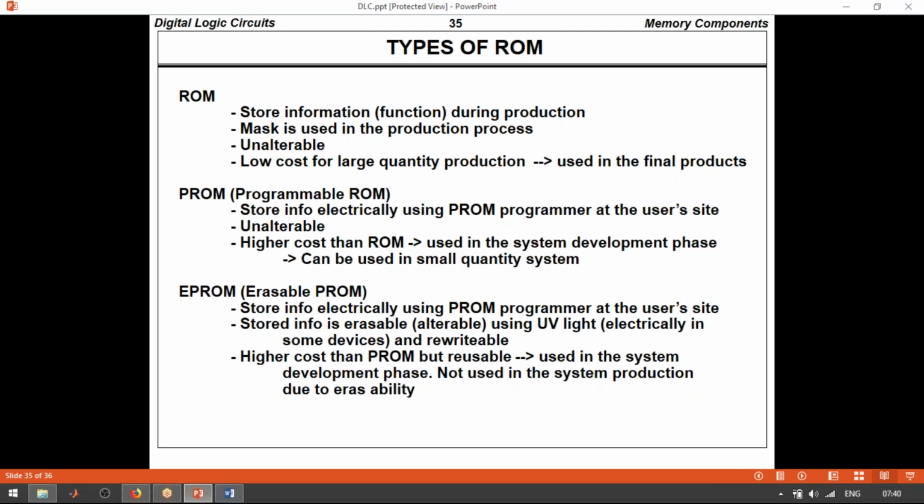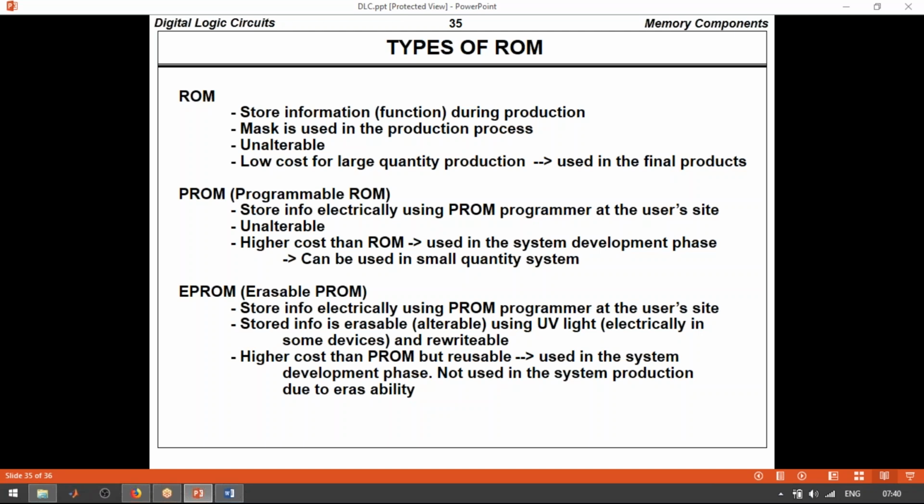And in the case of PROM, it is a programmable read-only memory, which is not changeable after fabrication, but it is very much costlier than our normal erasable PROM.